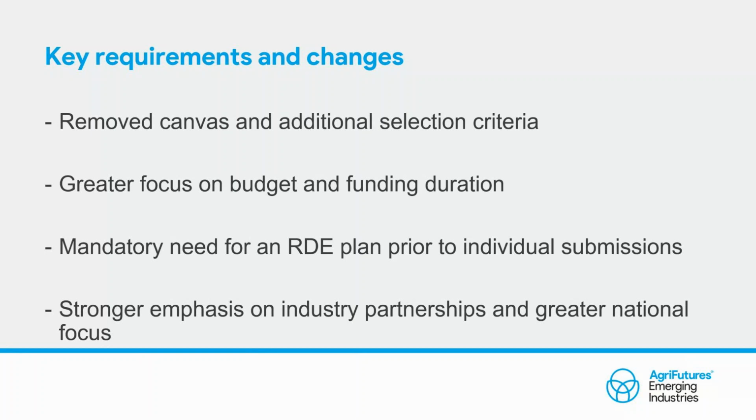But that being said, part of the reason why we're having an RD&E plan is we need to really understand from you as applicants how those projects, if you decide to put in multiple projects, fit in the RD&E plan and its prioritisation. So as Brian alluded to, if you don't have an RD&E plan in place in the first instance, you need to focus your attention on the development of one for your emerging industry.